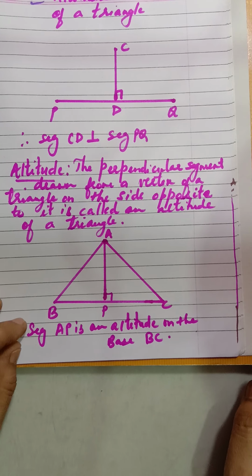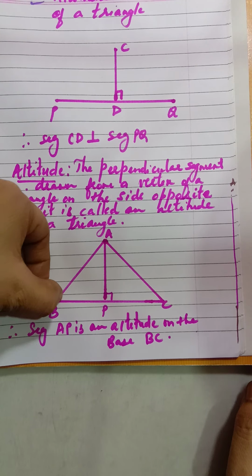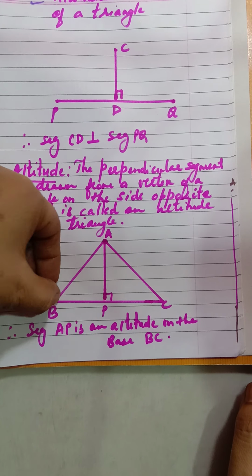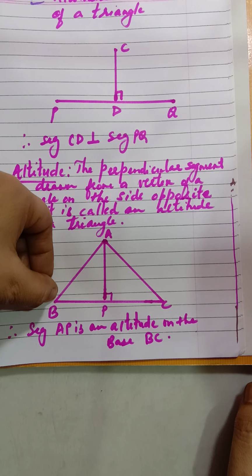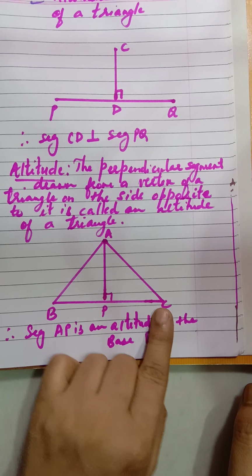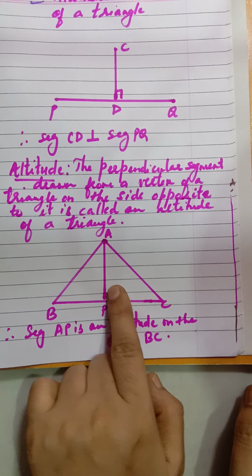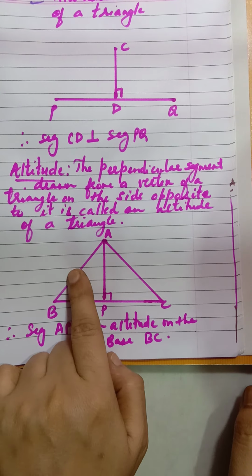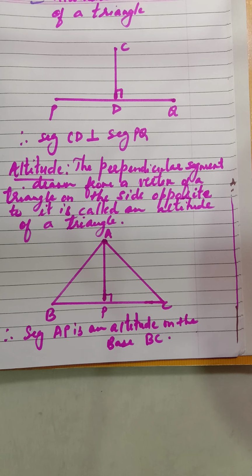Same way, see children, now we can draw the other altitudes also. Same way we can draw an altitude which starts from the vertex B, and it will be on which base? AC. And from vertex C we can draw, and that will be on which base? AB, right? So we can draw this way.